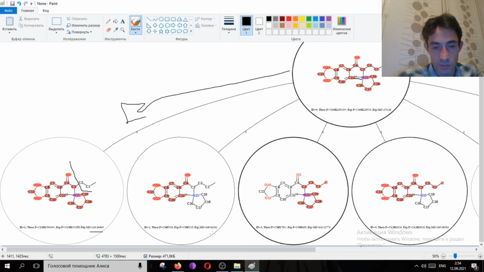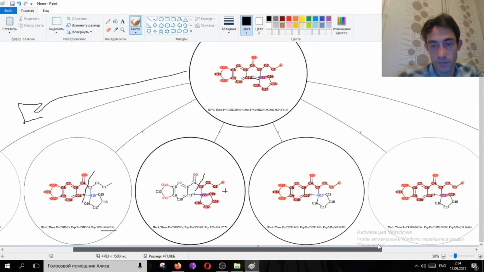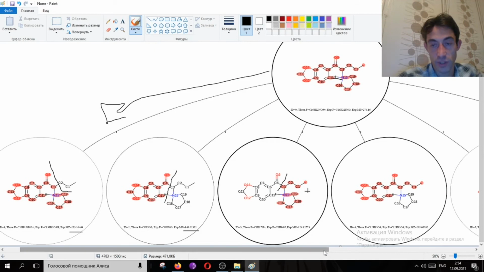For forming m/z 149, we can fragment it here. For forming 126, it should be fragmentation once again here, but the charge will be here, and so on. So this is how it works.